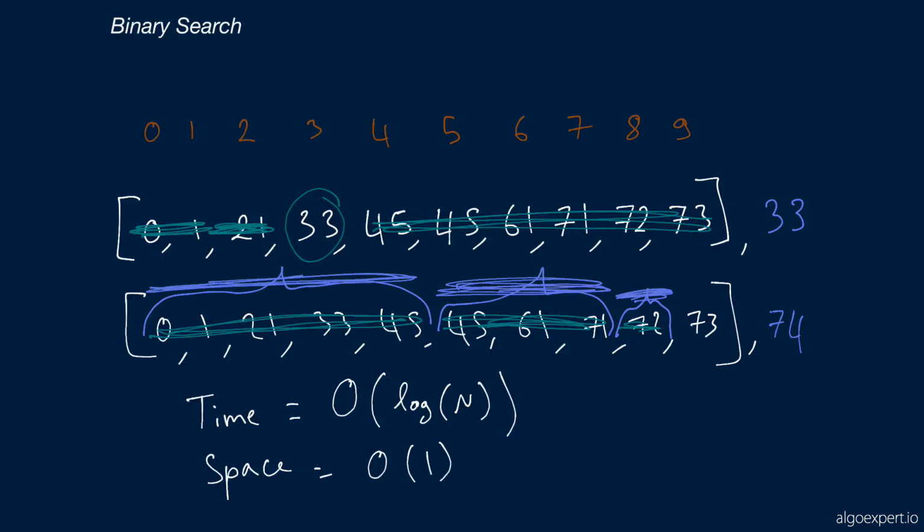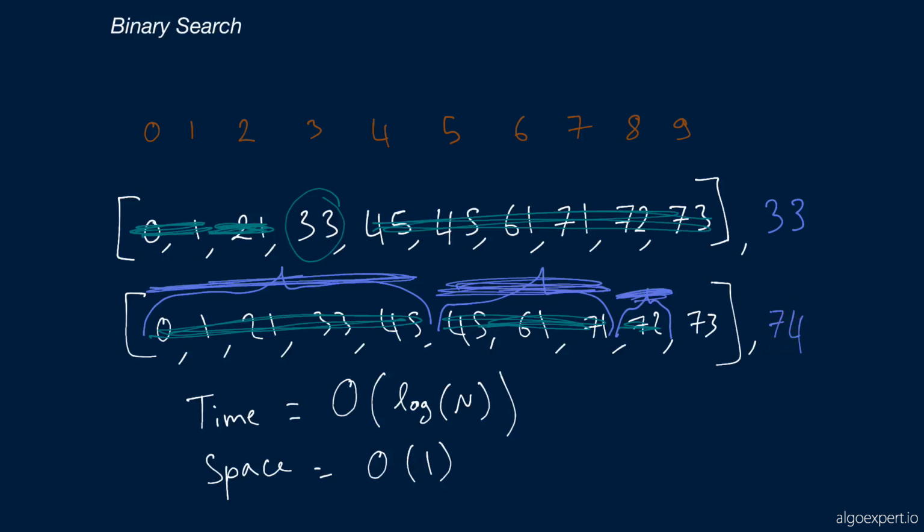Even if you implement this recursively, which is the second way you can implement it, you're never using additional memory to store stuff, right? You're not storing variables somewhere. You can do this all in place in the array, and all you have to do is keep track of the target number. But so that's O of 1 space.